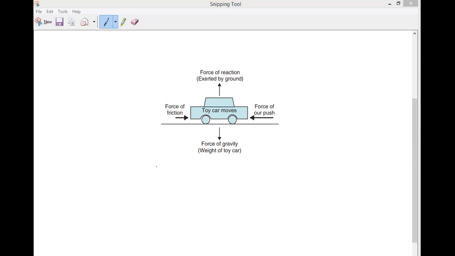Clear, everyone? So that is the thing. From that we can write one statement.